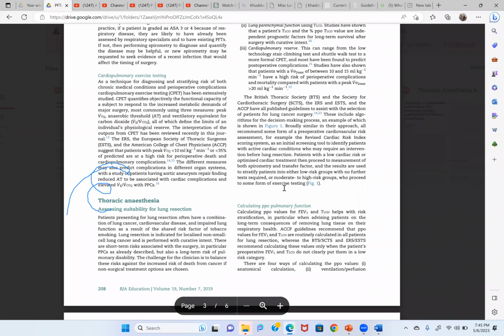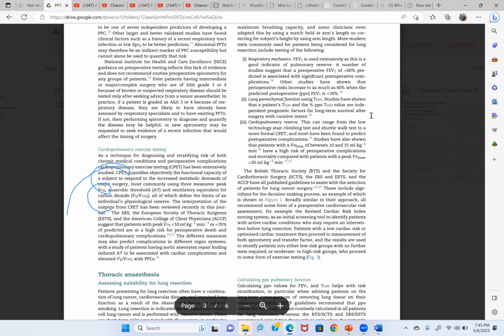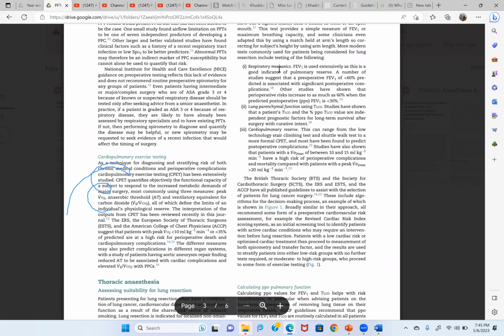With reference to thoracic anesthesia, we have the same three-leg tool as I told you: mechanics, parenchymal function, and cardiopulmonary reserve. Actually, this is not only for thoracic surgery.